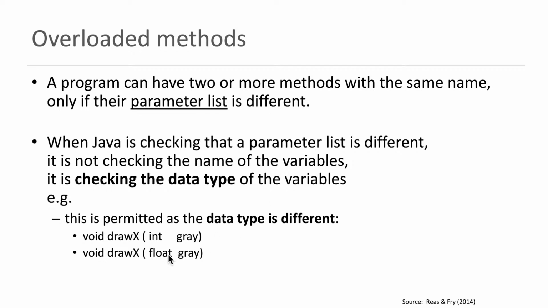Because the parameter name is the same, we don't care about that. What we care about is that the data types of the parameters are different. Okay, and that way each version of draw x is unique.